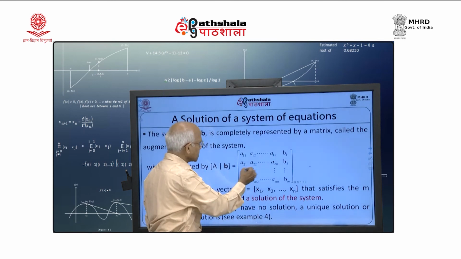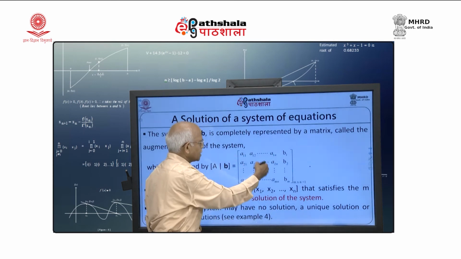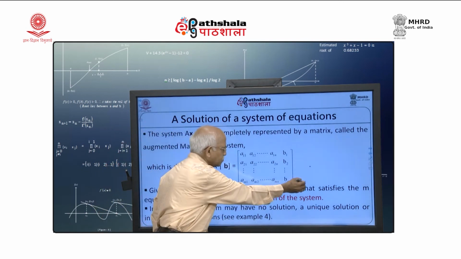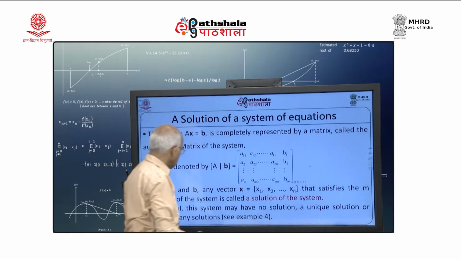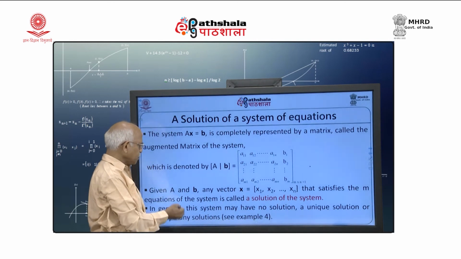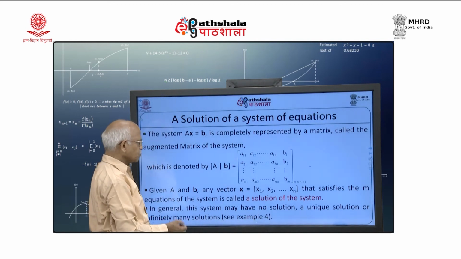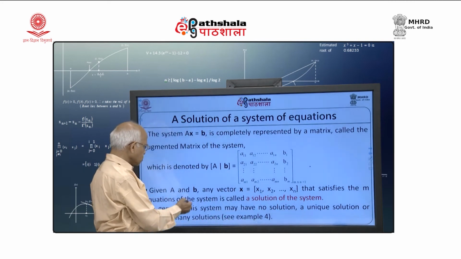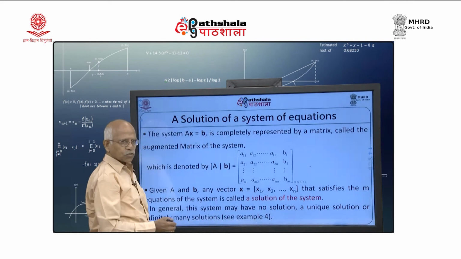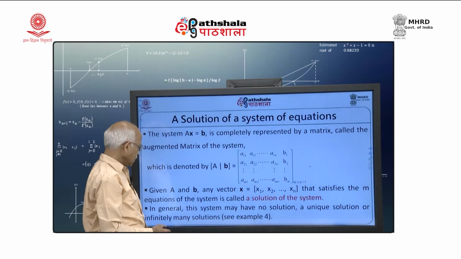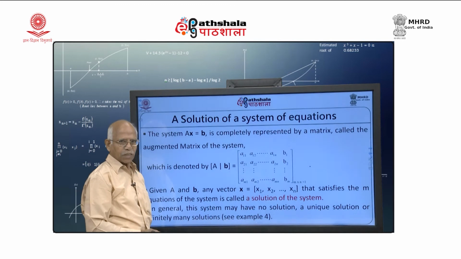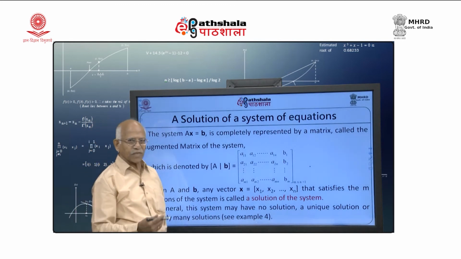So, this matrix along with b bar is called the augmented matrix, and this is m cross n plus 1 because one column we are adding here. Given A and b bar, any vector x bar equal to x1, x2, x3, xn that satisfies the m equations of the system is called a solution of the system. In general, this system may have no solution, a unique solution, or infinitely many solutions.